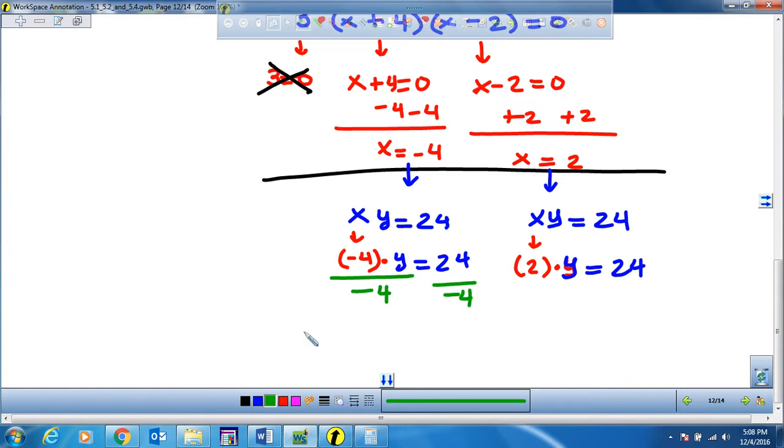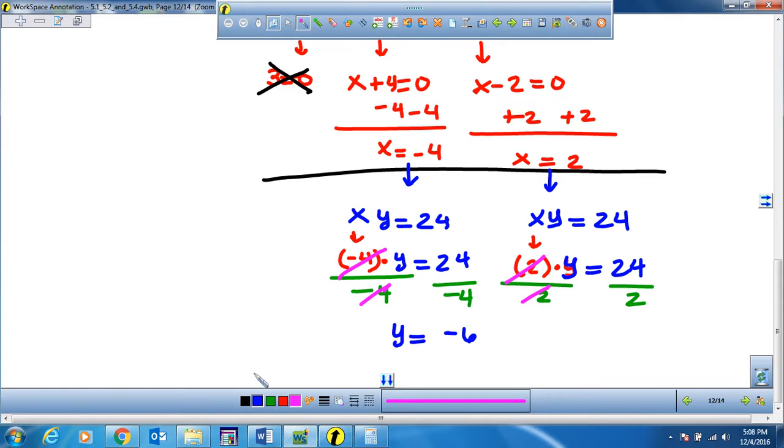Do not add 4 thinking, it's a negative, so let me add 4. No, the opposite of the multiplication is division. So you're going to divide by negative 4 both sides, and you get a negative 6 here. Here you're going to divide by 2 both sides, and you're going to get y equals 12.